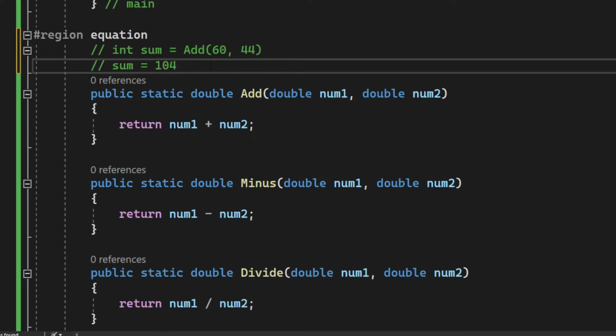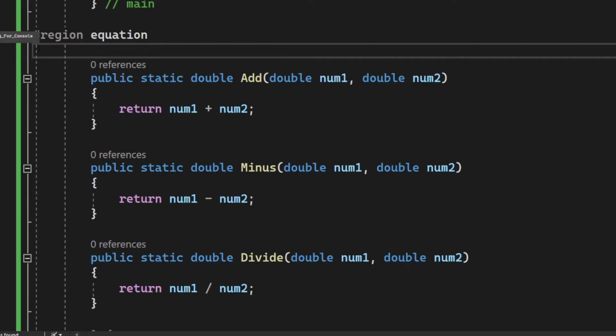So that's what's happening here. I just did all these quick little methods.